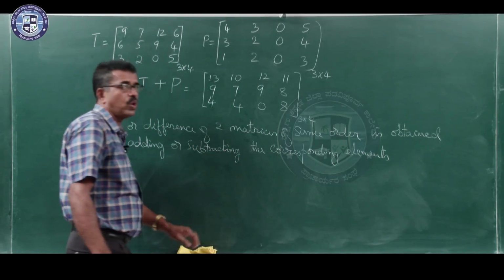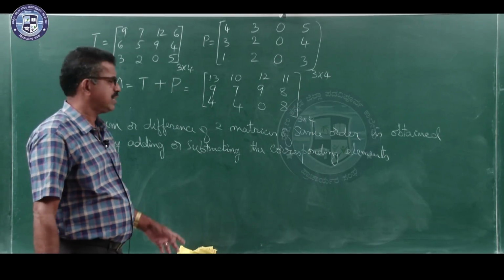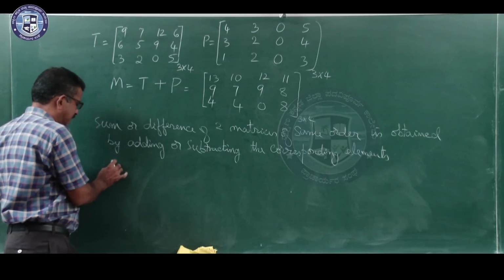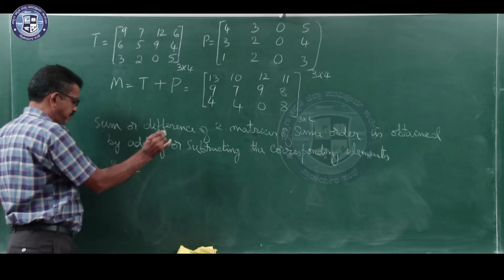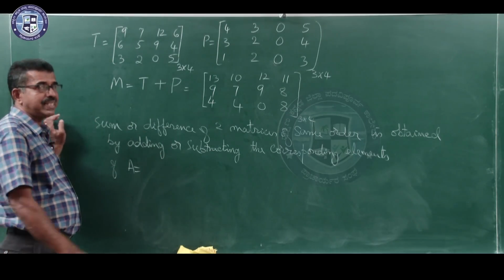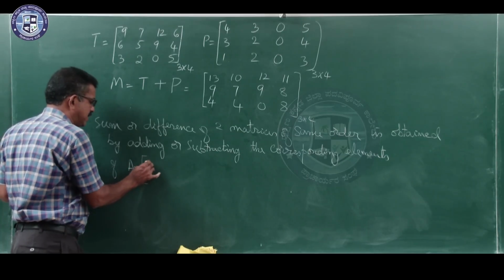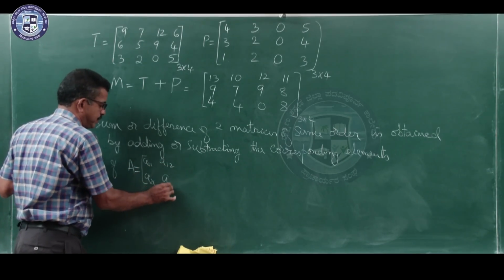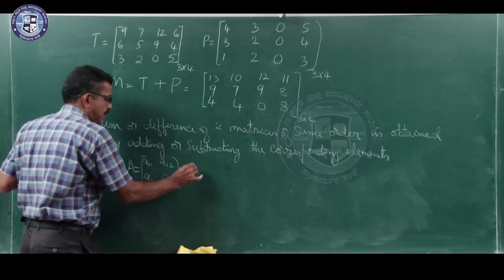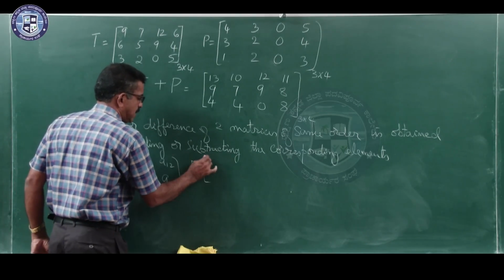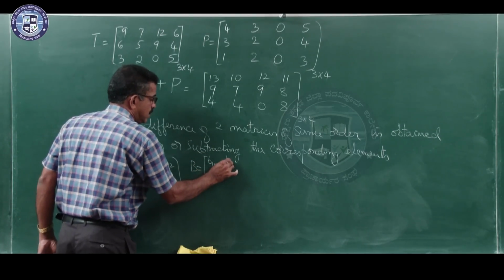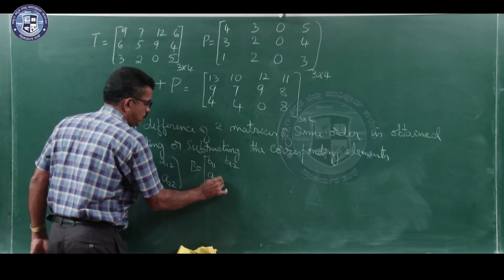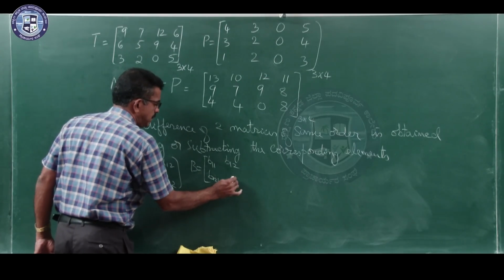Are you clear? Okay. So next, I will give you a simple case. Suppose you have a matrix A. If a matrix A has general elements A11, A12, A21, A22. And let me take a matrix B, it is nothing but B11, B12, B21, B22.